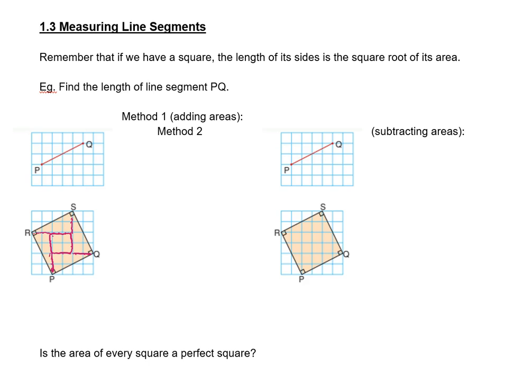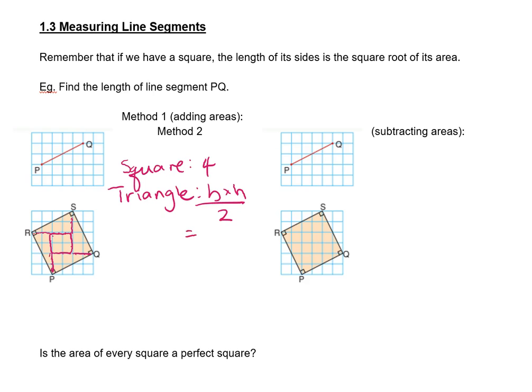The square in the middle is pretty easy, it's a 2 by 2, so the square is 4 square units. And then I have to look at each triangle. If you remember, the area of a triangle is the base times the height divided by 2.